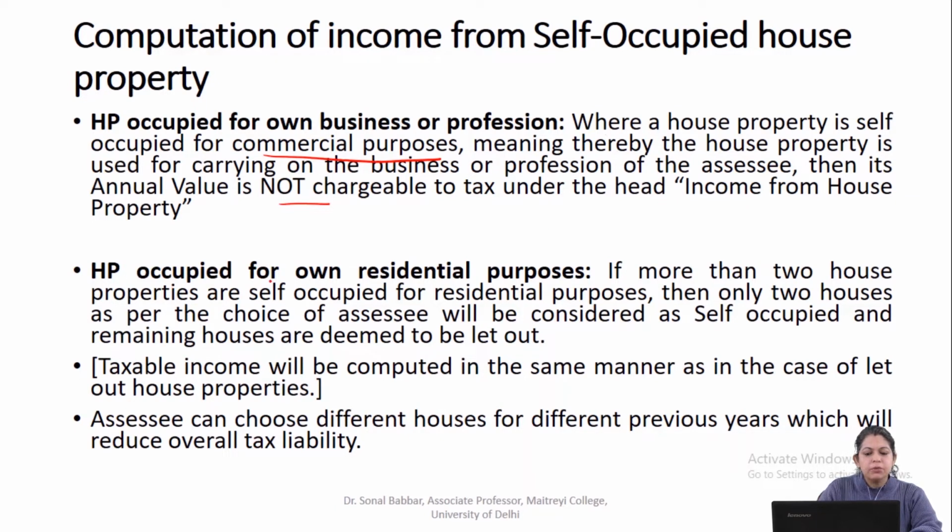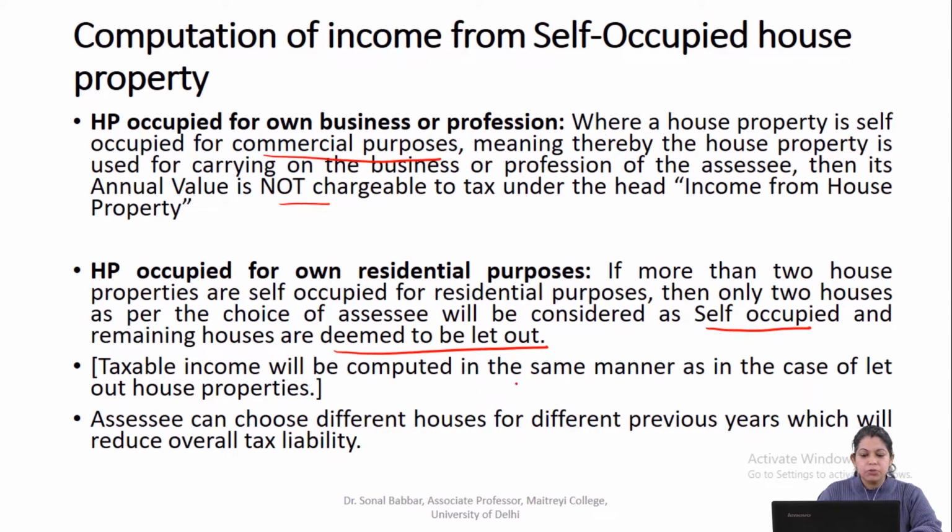And for a house property which is occupied for own residential purposes, we compute the income from self-occupied house property and the annual value will be chargeable there. If more than 2 house properties are self-occupied for residential purposes, then only 2 houses as per the choice of the assessee will be considered as self-occupied and the remaining will be taken as let out.